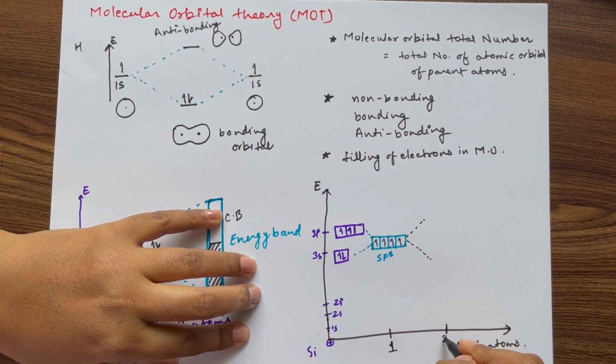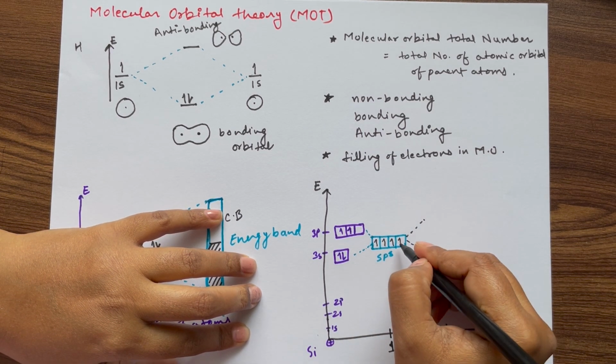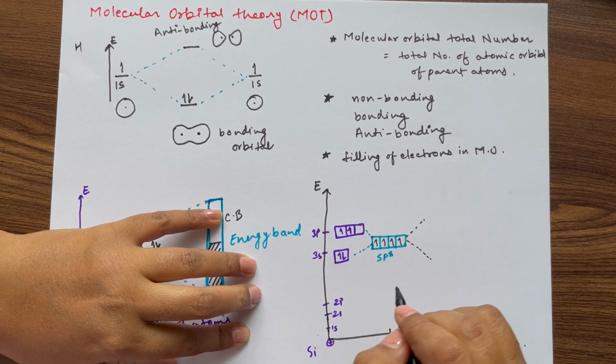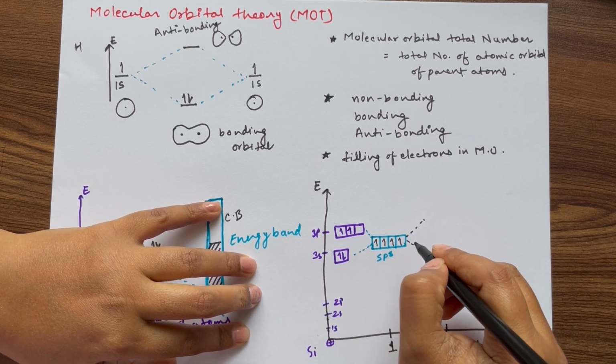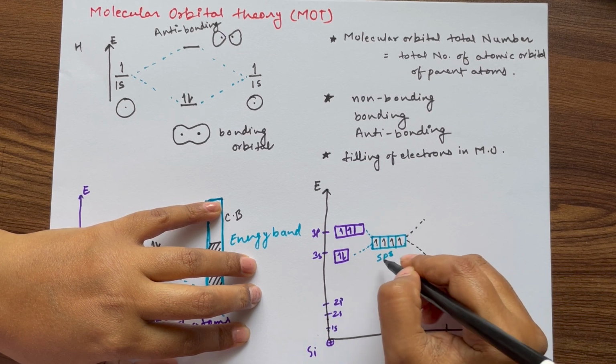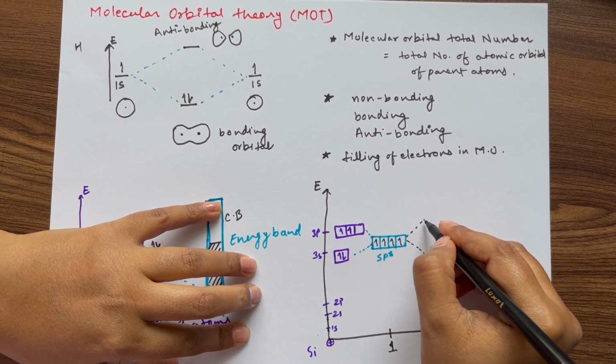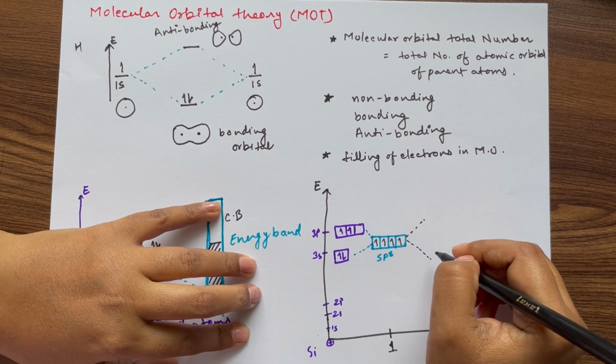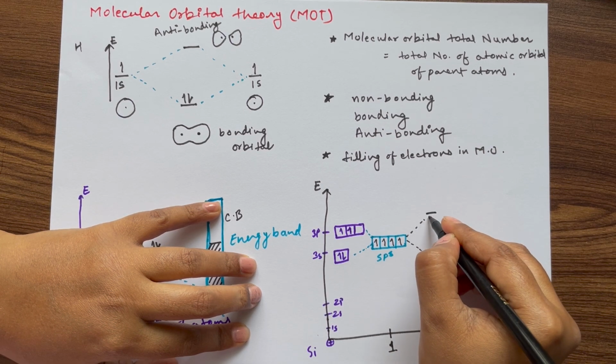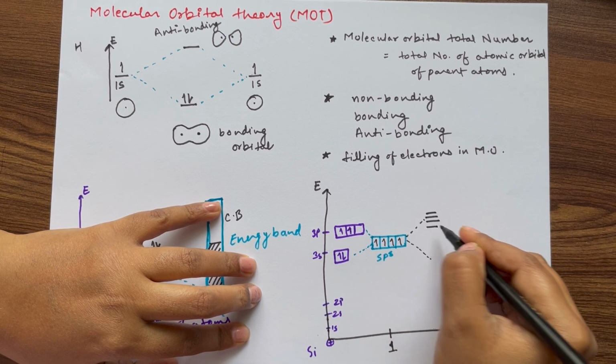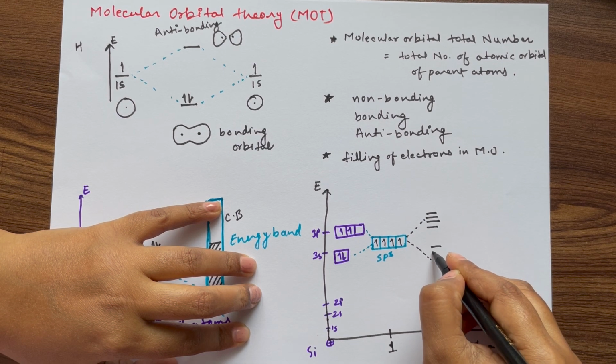If we consider 2 atoms, then there will be 8 sp3 orbitals, and overlapping of these 8 sp3 orbitals will create 8 different molecular orbitals. So 4 anti-bonding orbitals and 4 bonding orbitals.